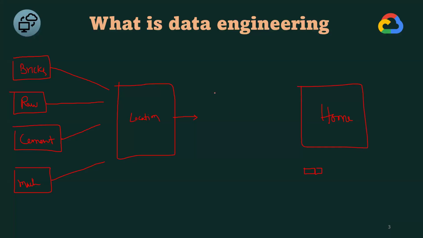You need to create a mixture of cement plus water plus sand, and some other binders if you wanted to add. So you create a mixture and you use that mixture to construct a wall. What is this? You are doing some kind of processing.